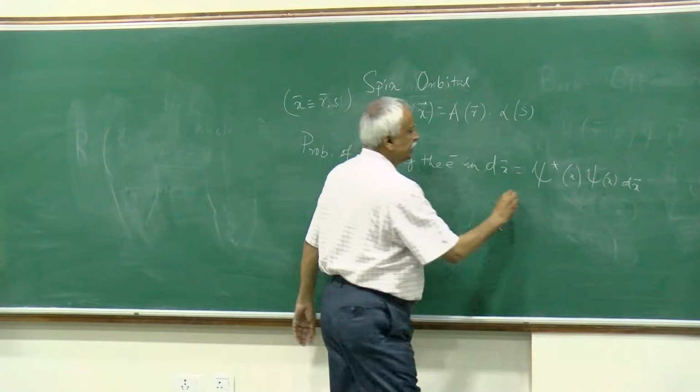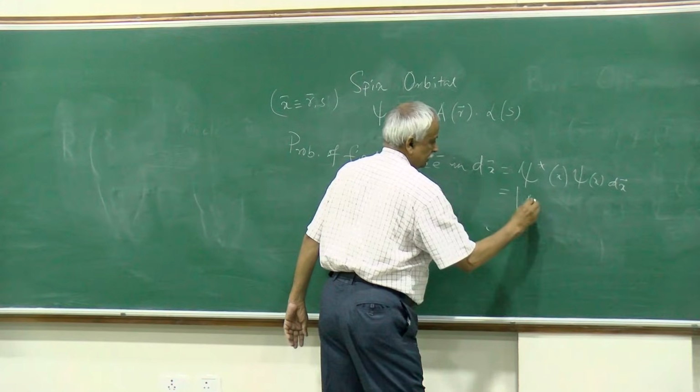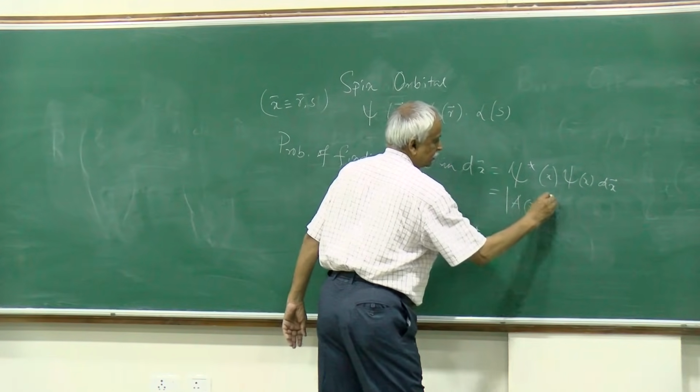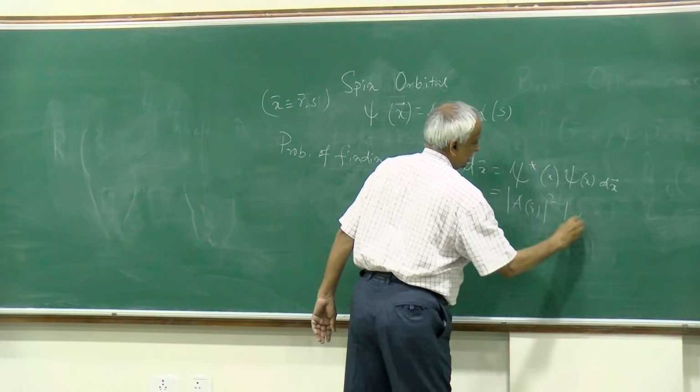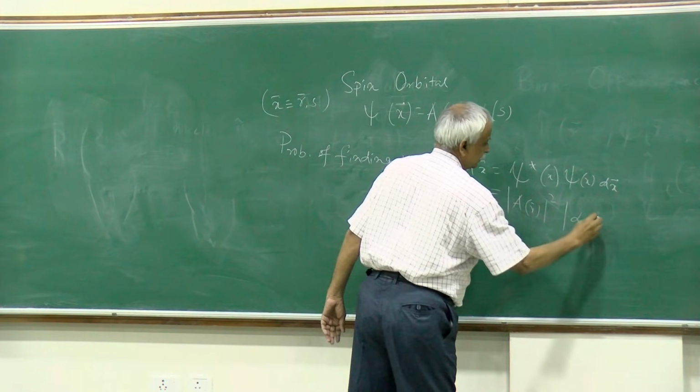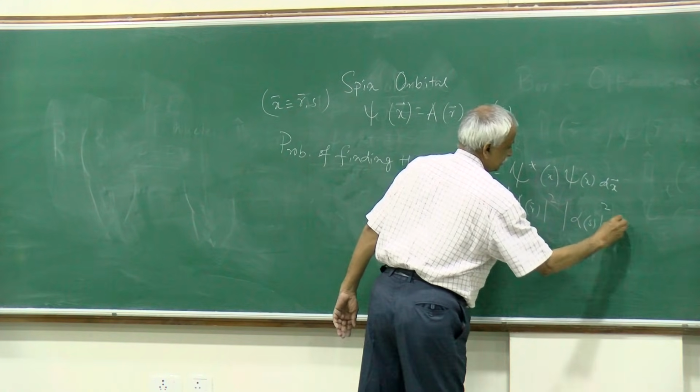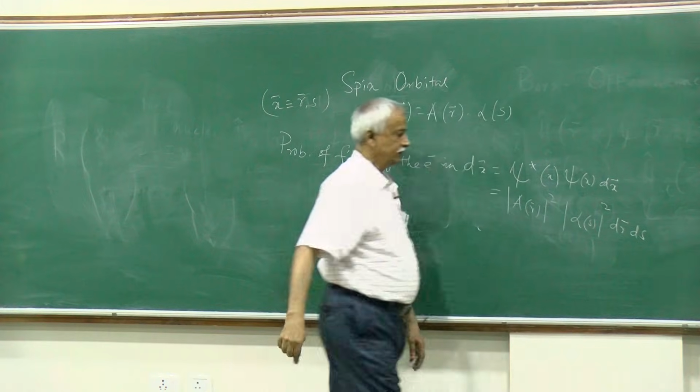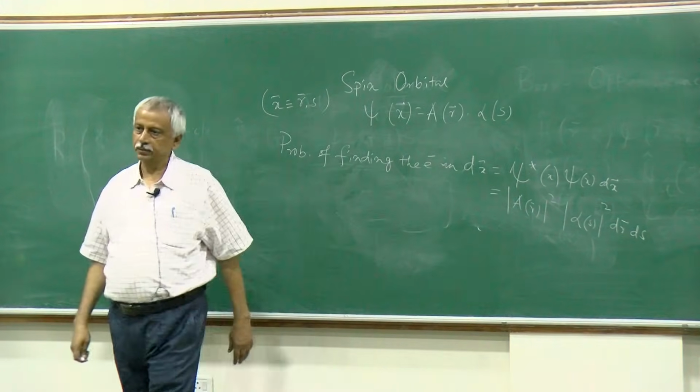That means I can write it as |A(r)|^2 |alpha(s)|^2 dr ds.